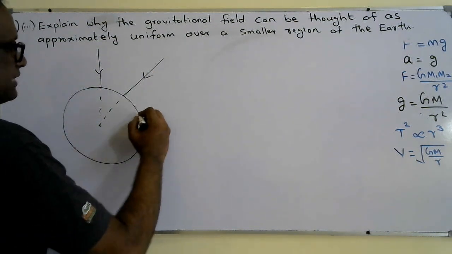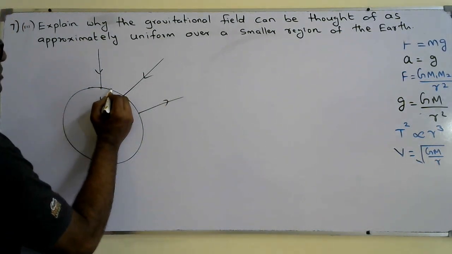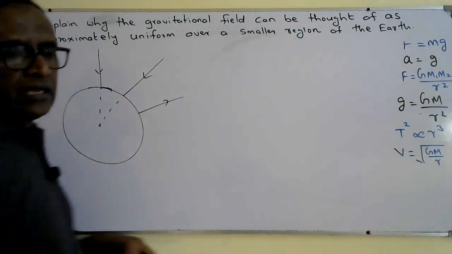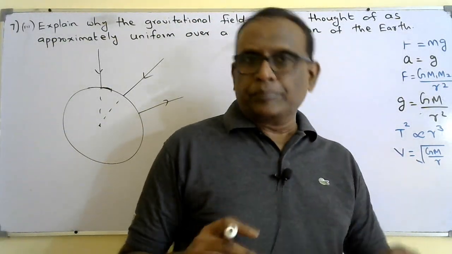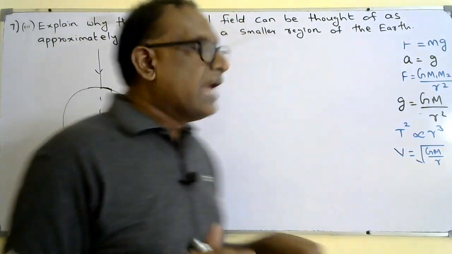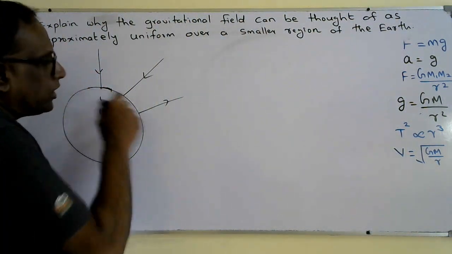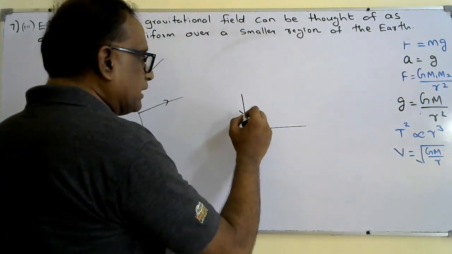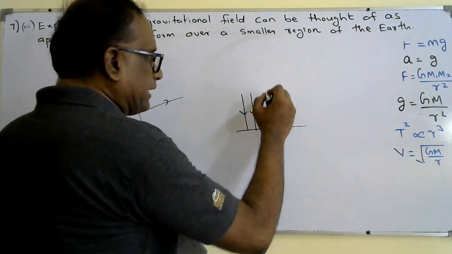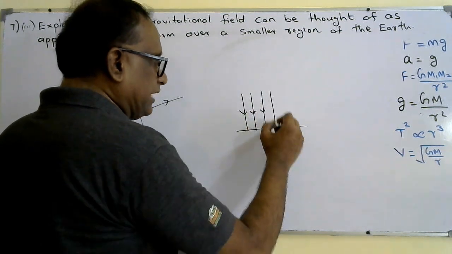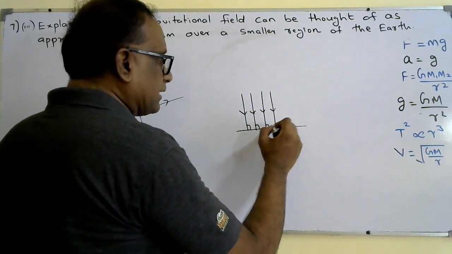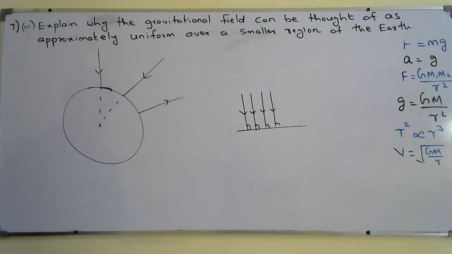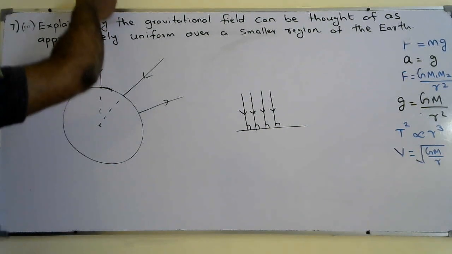So if you consider a smaller region of the Earth, at every point the gravitational field lines are perpendicular to the surface, and the smaller portion looks like a flat line, so the gravitational field lines appear parallel to each other. Therefore, the strength of the field is the same in a smaller region above the surface of Earth.